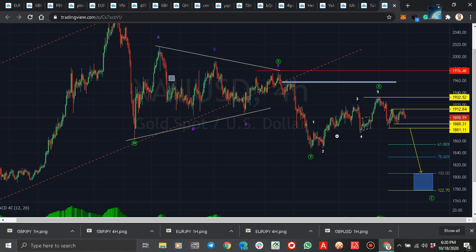Up till now, nothing has changed. I will only change my view if the price breaks this top and eventually breaks this.